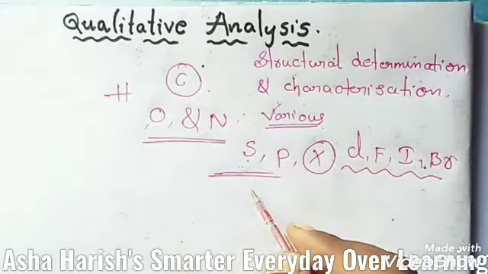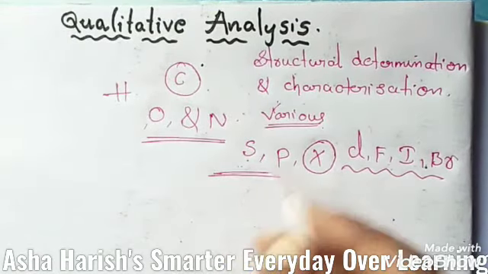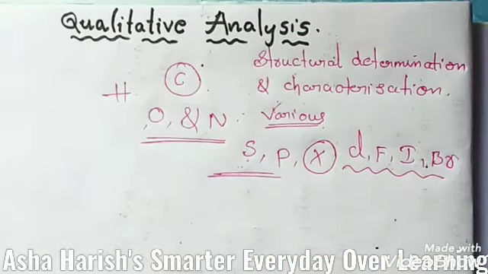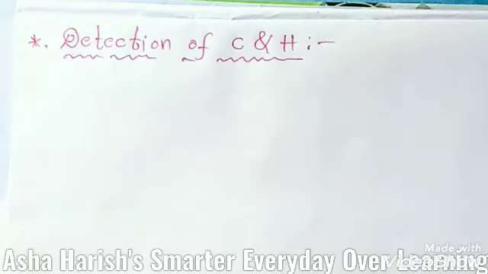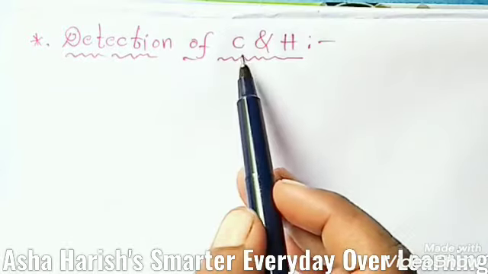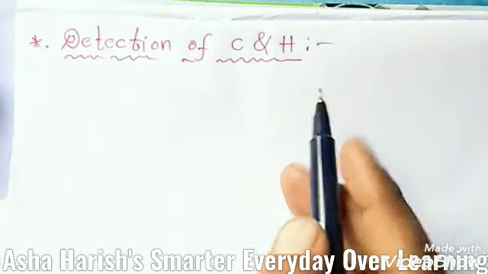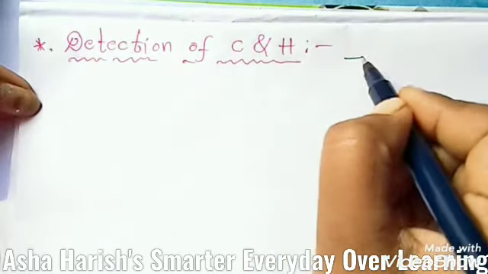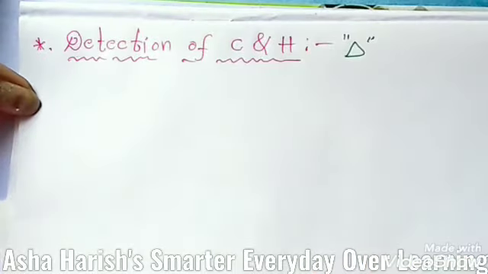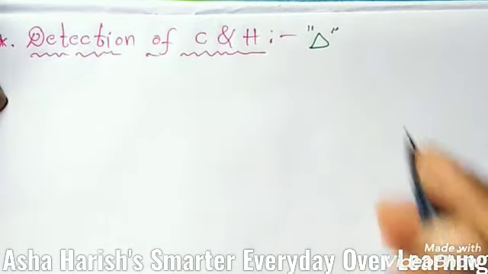Now let's see the detection of carbon and hydrogen. Most organic compounds contain carbon and hydrogen, and the presence of carbon and hydrogen in an organic compound is detected by heating. This symbol delta represents the heating process.